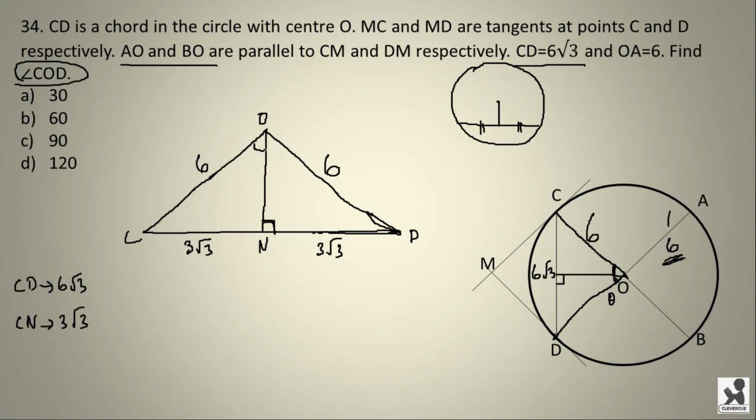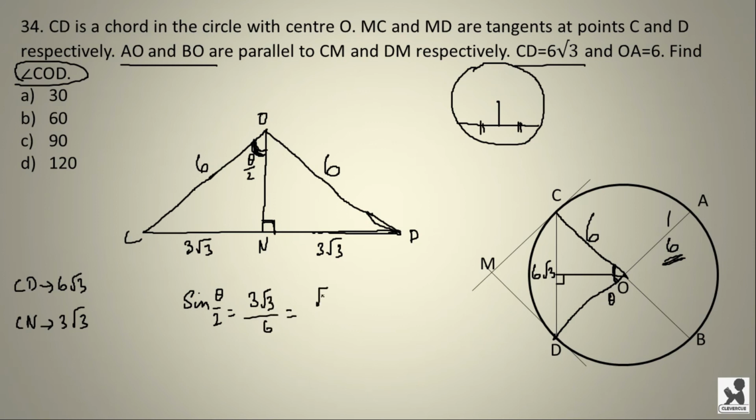To find this angle, for example, this angle is theta by 2, because we have named angle CON as theta. Now if you take sine theta by 2, it will be equal to opposite by hypotenuse, that is 3 root 3 by 6.